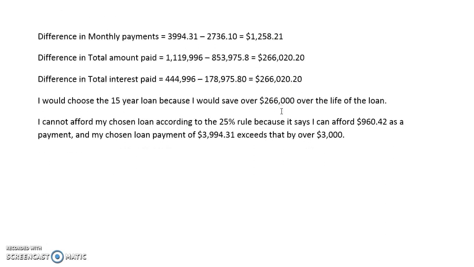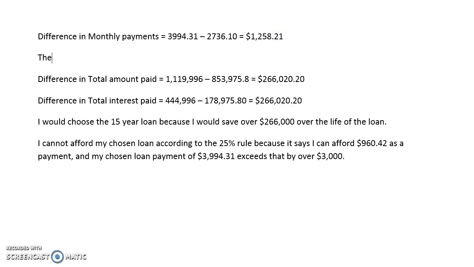So to calculate the differences, I took the 15-year monthly payment minus the 30-year monthly payment and found that the 15-year payment is $1,258.21 more than the 30-year payment.